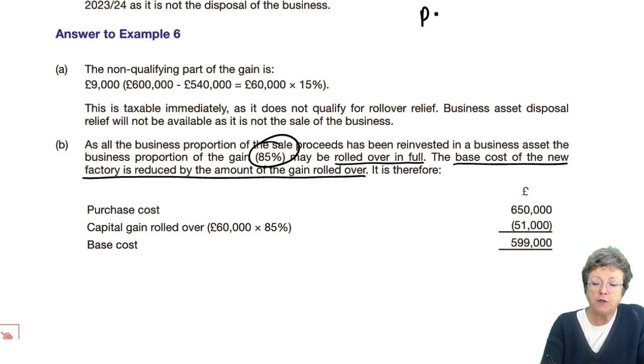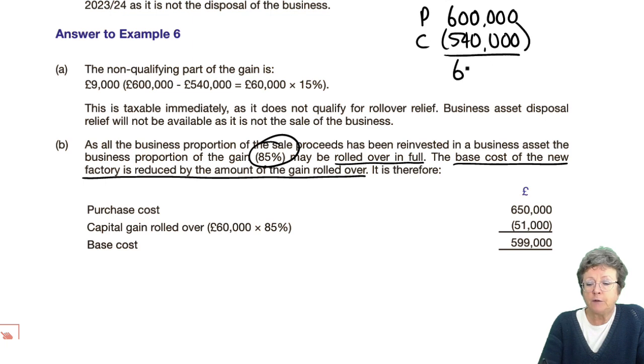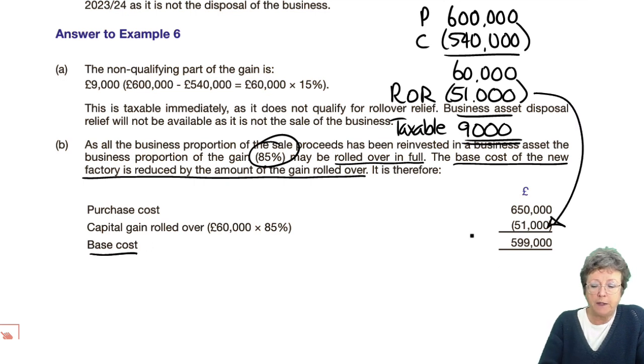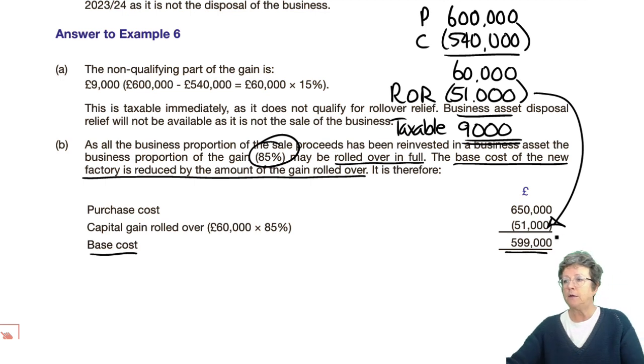So we've got proceeds of 600, cost of 540, gives us 60. Rollover relief of 51. And this is chargeable, taxable. And this is rolled over and therefore reduces it to a base cost of 5,999.